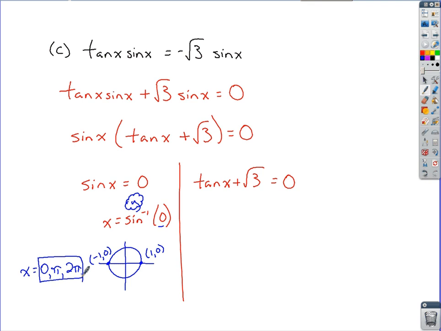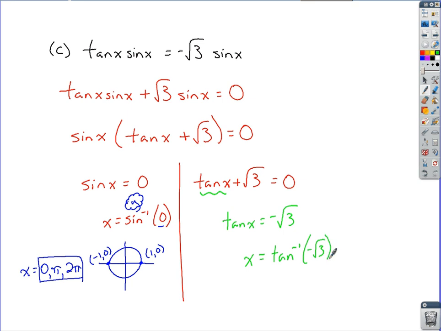Now, in the meantime, we've got this other equation on the right side. We've got tangent of x that first we would want to get by itself. So subtract root 3 over. Tangent of x is isolated, so now apply the inverse to each side to drop that tangent out. We'd have the inverse tangent of negative root 3.